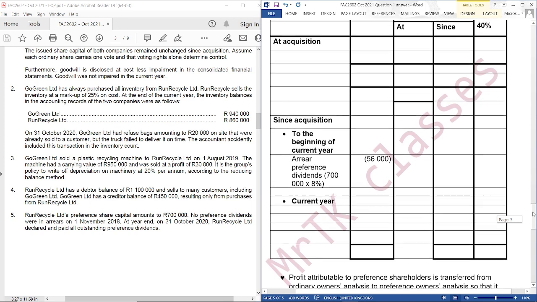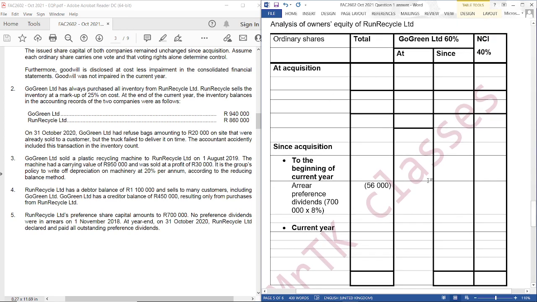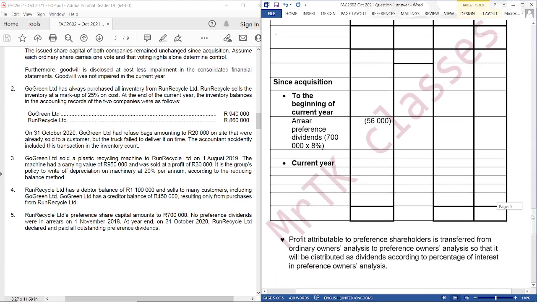Remember, we record our retained earnings in the ordinary analysis. That's where we record our retained earnings and our profit for the year, which means that there are no profits in this table.